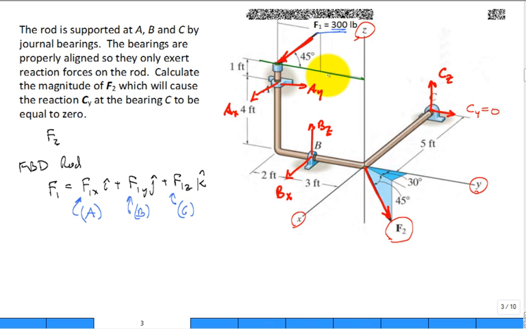Usually when they give you those reference lines, say this green line is a reference line, and I'm going to give you 45 degrees with respect to that line, look for which axis that green line lines up with. It lines up with the y, not the x, not the z. And then they give you another reference line right here. That reference line lines up with the z.